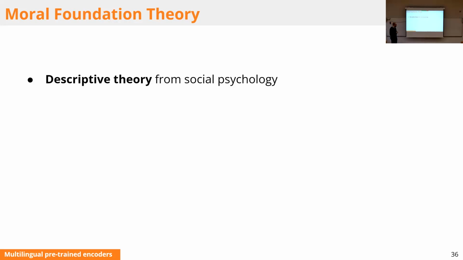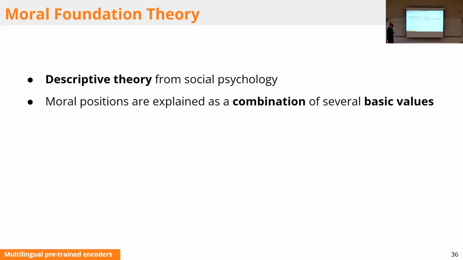The reason why we took it is that the people from Darmstadt know some other people from Darmstadt who were working on this theory. It's not a prescriptive theory. The purpose of this theory is not to say what is good and what is bad. The purpose is to explain why, or try to explain why, people intuitively think something is good or bad.